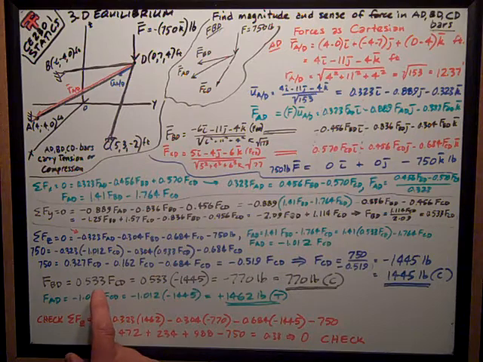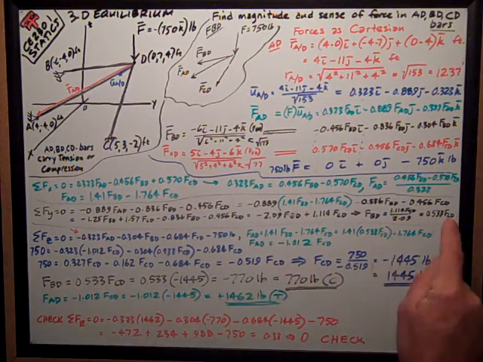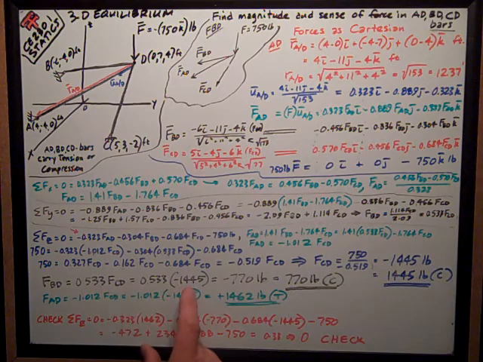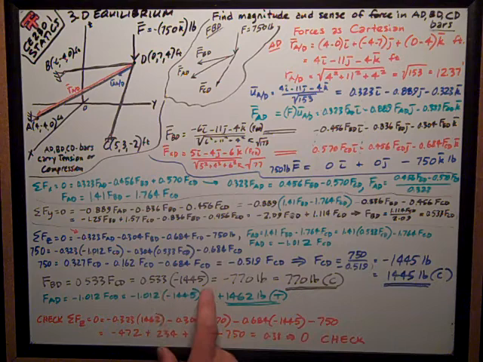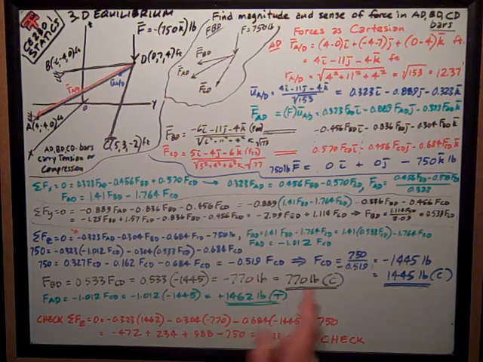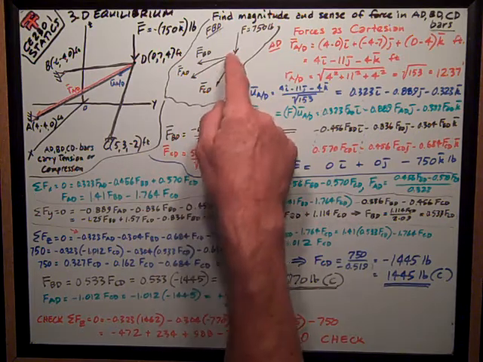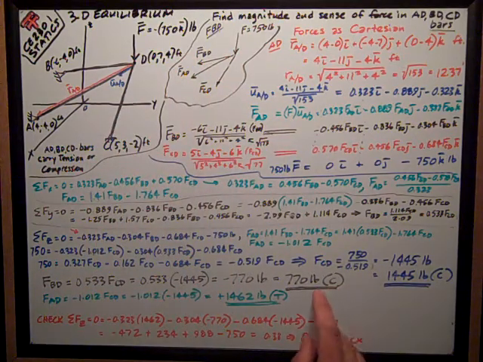Then I'm almost home free. Look at FBD, which I've got up here. Substitute in the value I got for FCD. Remember, it's negative. So FBD works out to be negative 770 pounds. Once again, the negative sign means my assumption of tension up here in my free body diagram was just backwards.